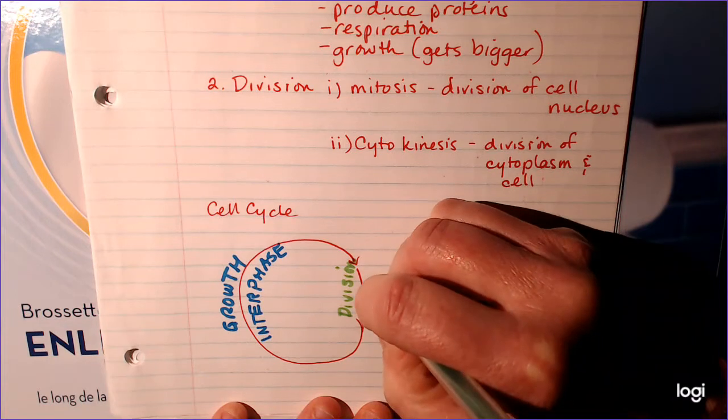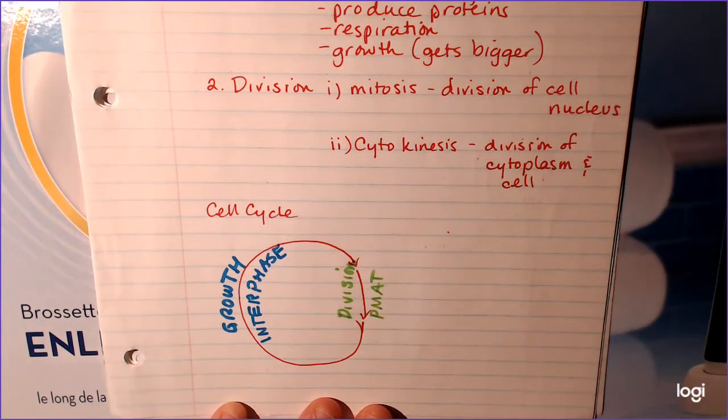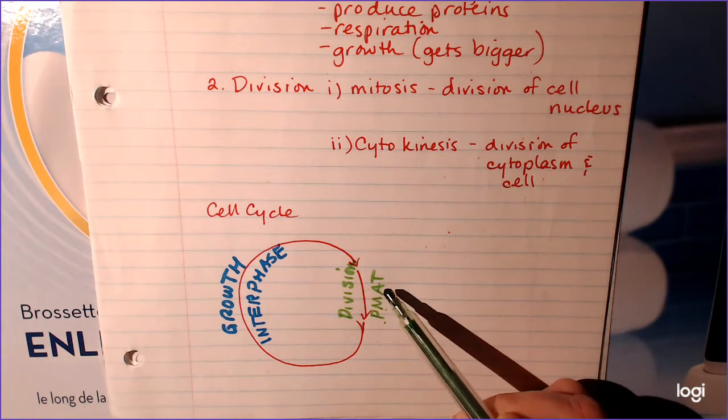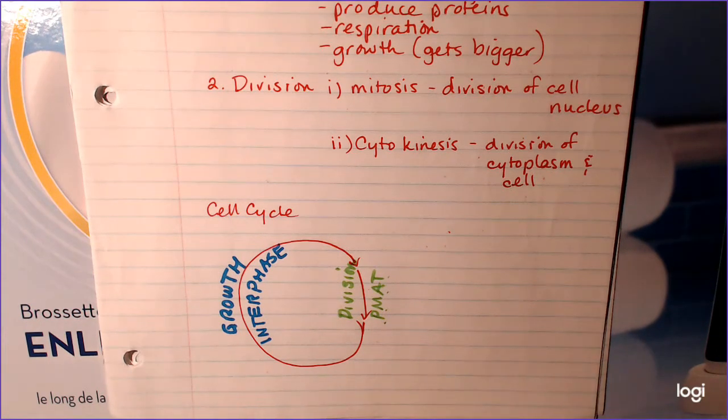So PMAT. And that stands for prophase, metaphase, anaphase, telophase. And we're going to get into more detail about that in the next video. And again, how long this whole cell cycle takes depends on the type of cell.